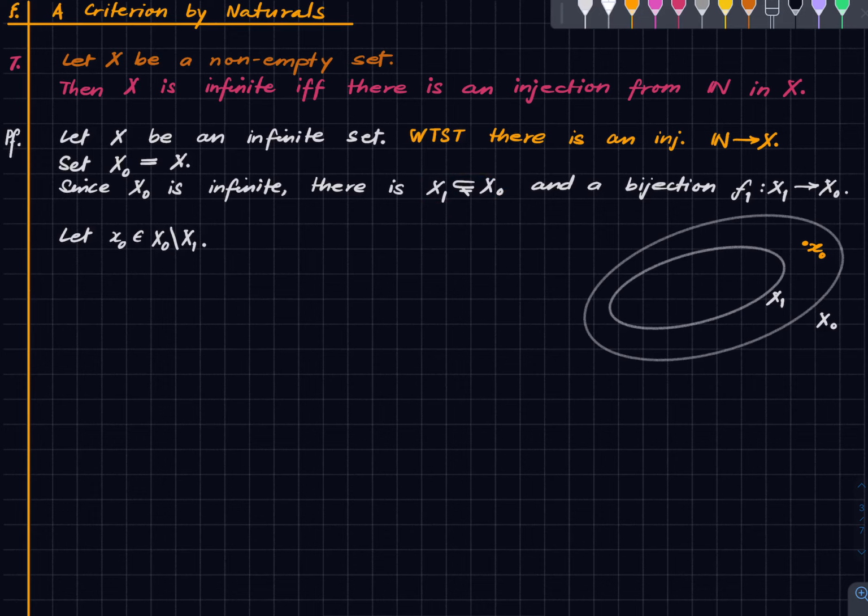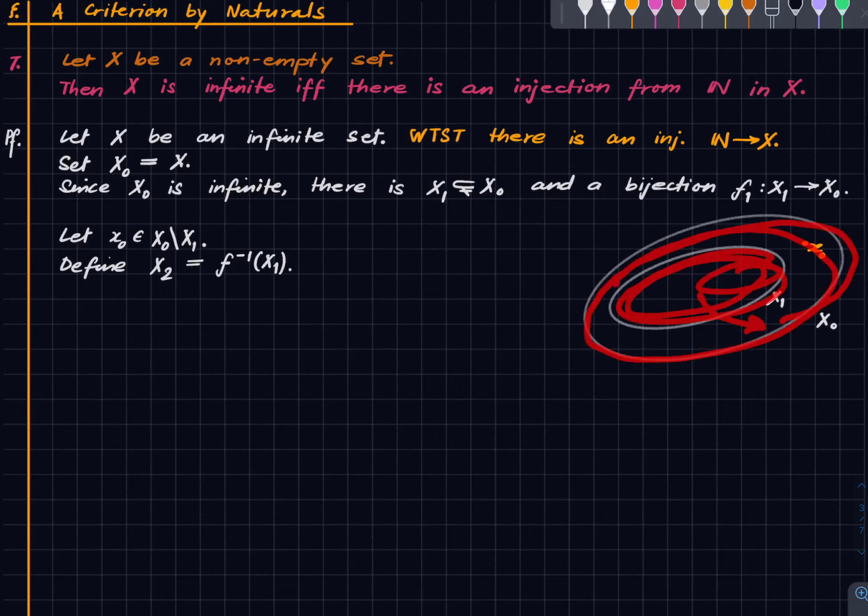Okay, now define X2 as f inverse X1. So f is a function with domain X1 which maps the entirety of X1 bijectively onto X0.